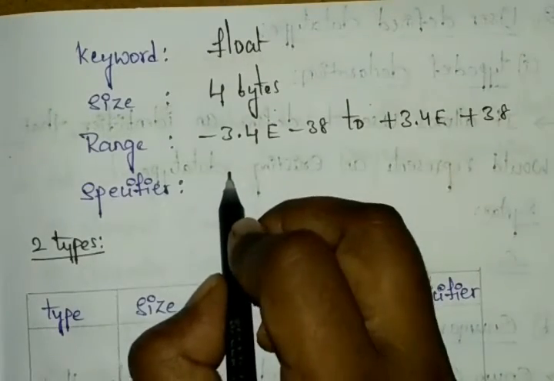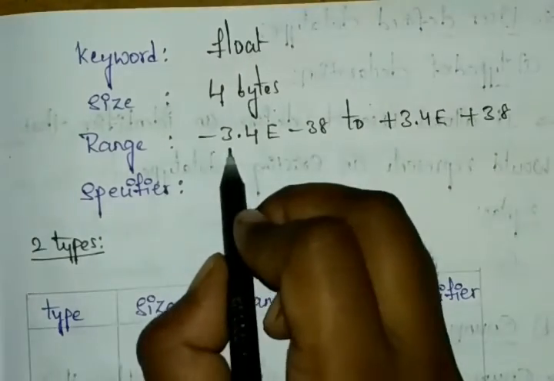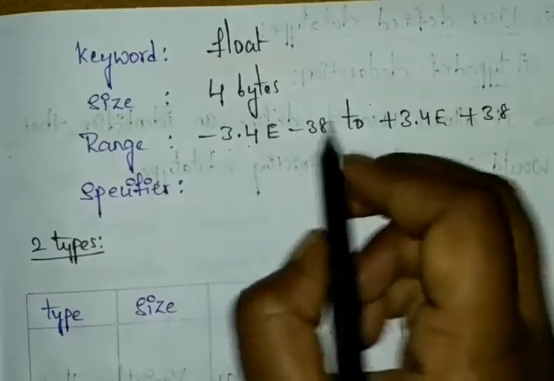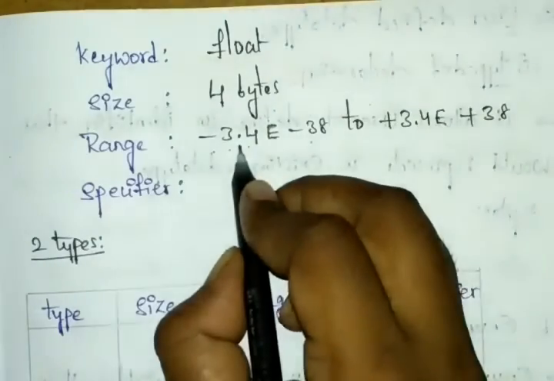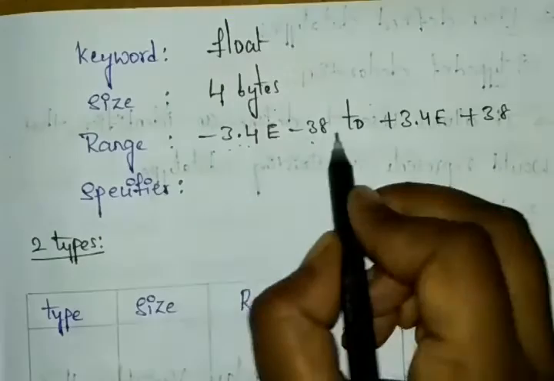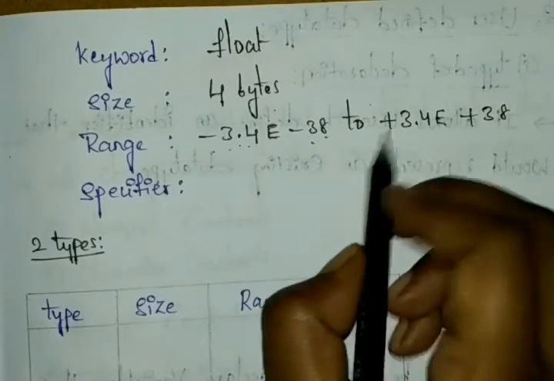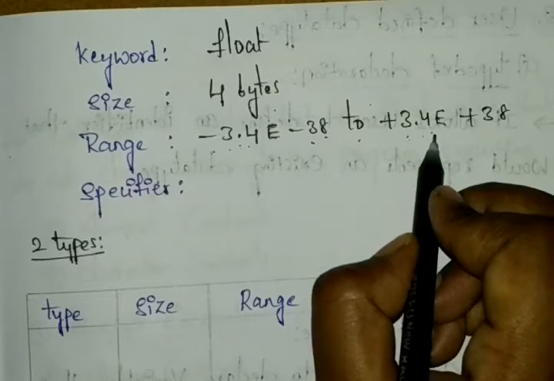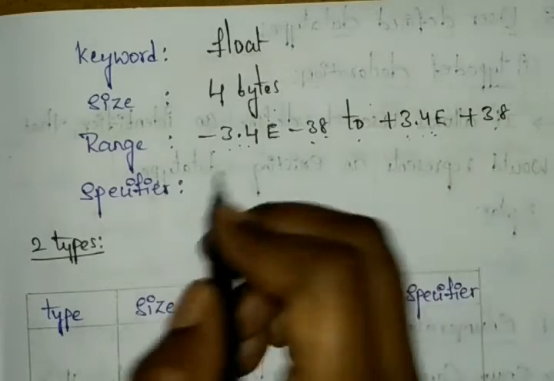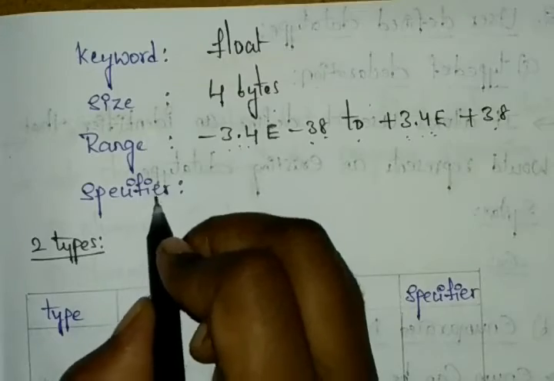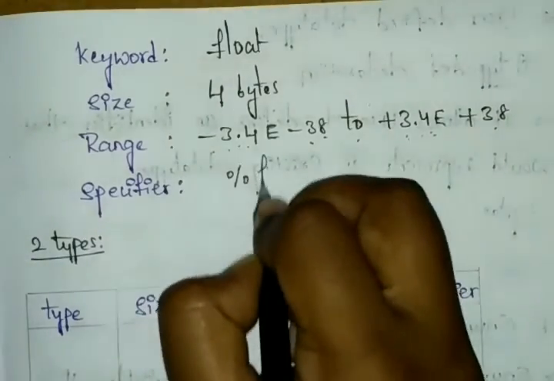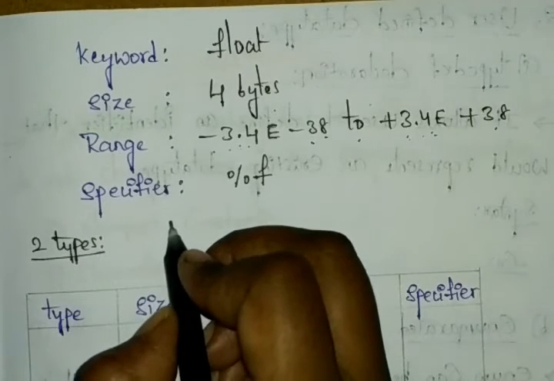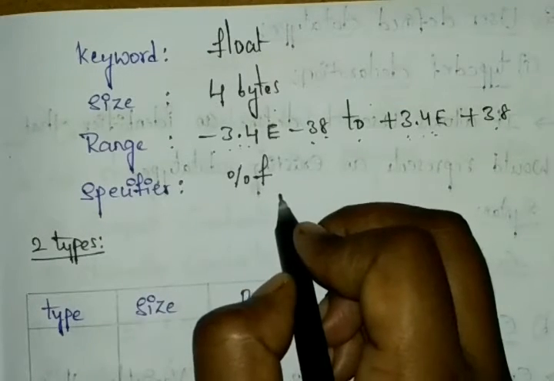It has sign values like minus 3.4. Here this symbol is the exponent of minus 38. And the next is plus 3.4 e plus 38. You can write the specifier for this as percent f. If you're using the float data type in the program, you can specify it with percent f.